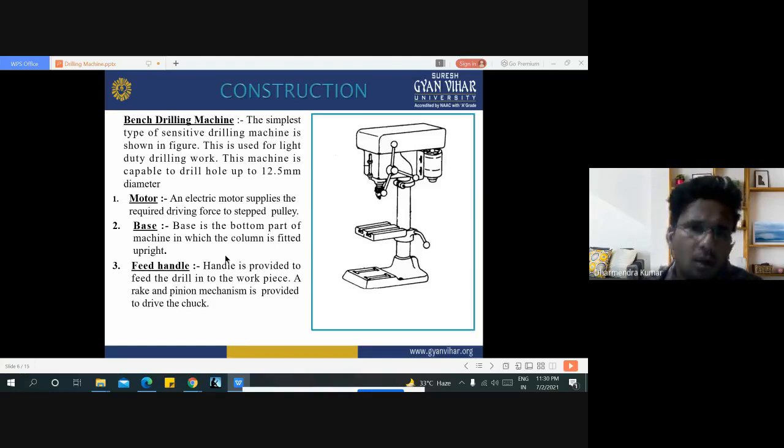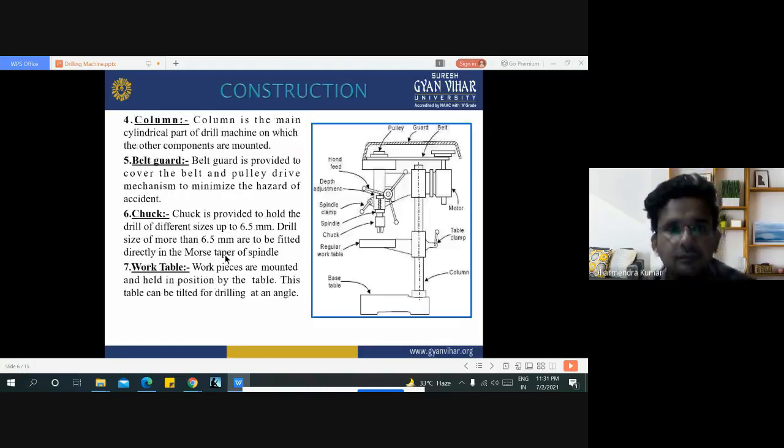Base is the bottom part of the machine in which the column is fitted upright. Feed handle is provided to feed the drill into the workpiece. A rack and pinion mechanism is provided to drive the chuck. Column is the main cylindrical part of the drill machine on which the other components are mounted.